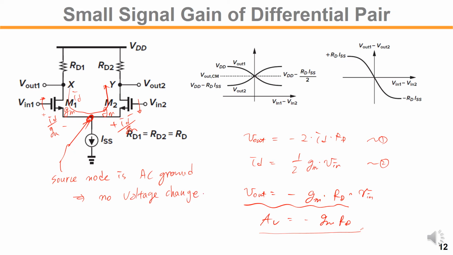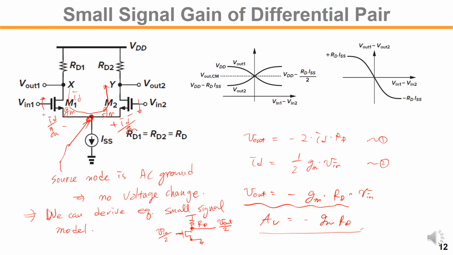So we can derive the equivalent small signal model like this, just RD and transistor, and the source is grounded, so Vin over 2, and the right hand side would be Vout over 2, right?